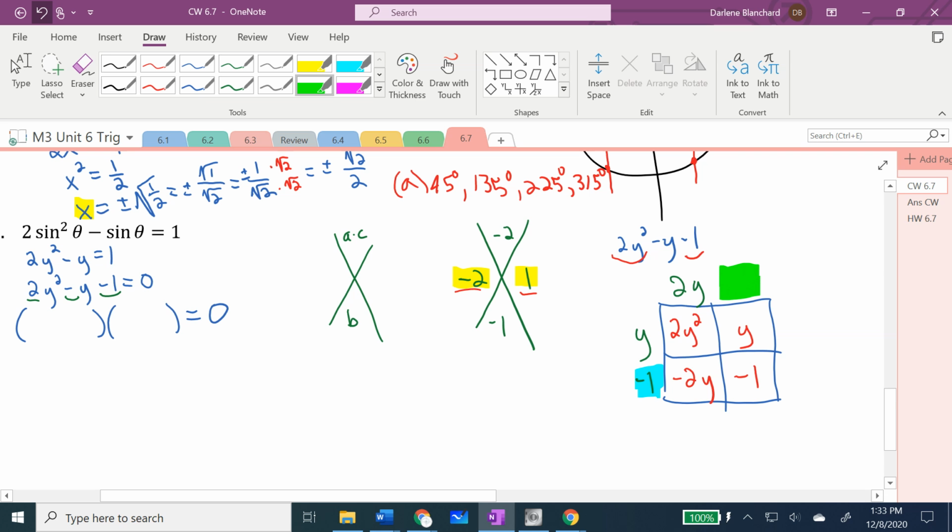The green region, what needs to go there? Right, positive 1. Because I need something that will multiply with y and give me y. And I need something that will multiply with negative 1 to give me negative 1. So I've now factored, and I can see that I have a 2y plus 1 and a y minus 1.